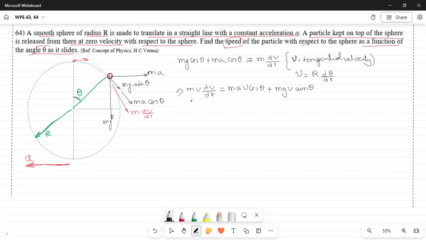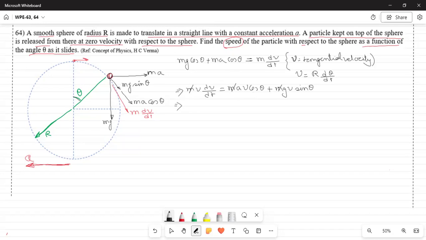So from here we get this second equation by multiplying both left hand side and right hand side with v. From here we get, now we can also cancel m's. All m's you can cancel.